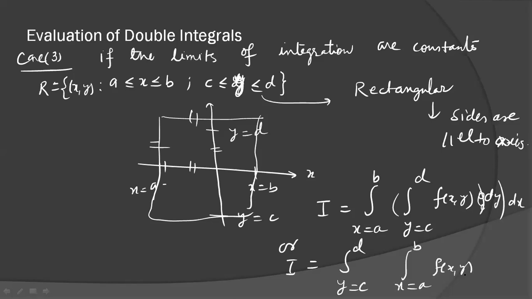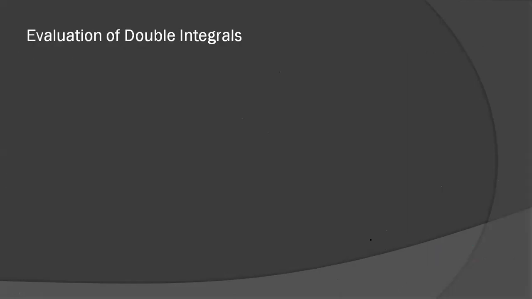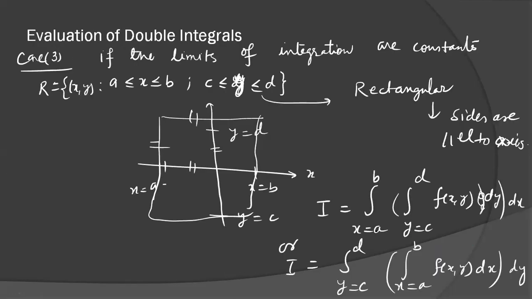What is the meaning? Here order of integration is meaningless. But in the previous two cases, order of integration is very important. If you have variable limits, then that must be integrated first. But in the case of constant limits, order of integration is not important.